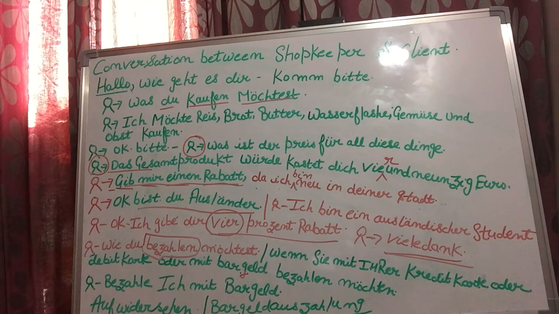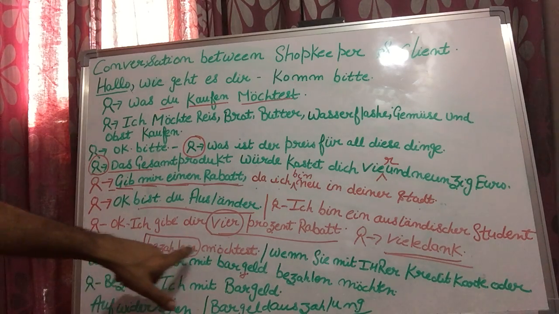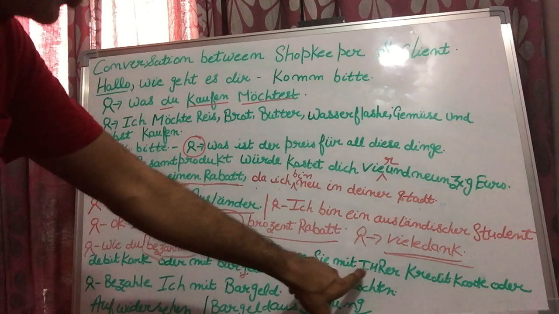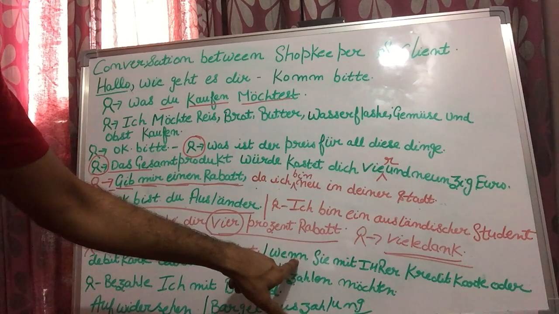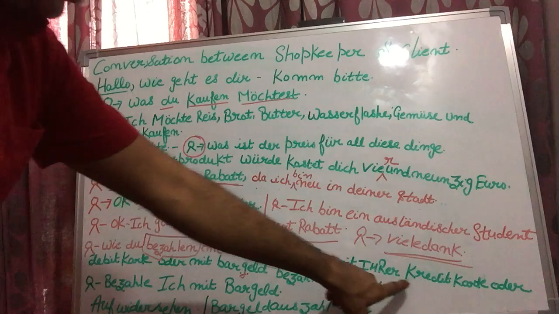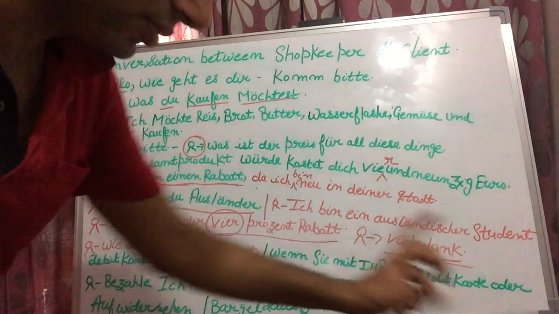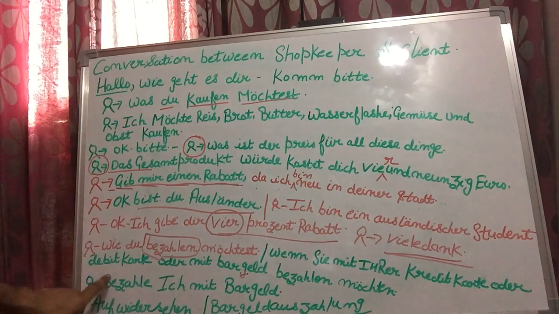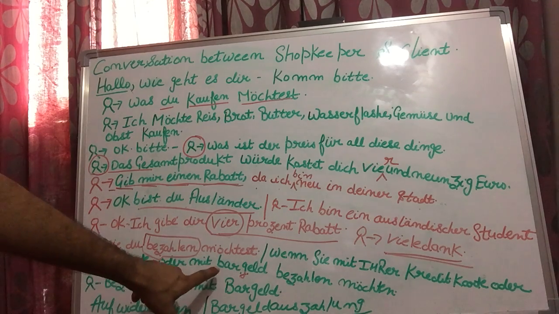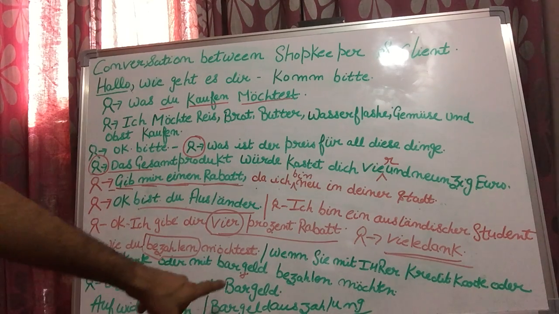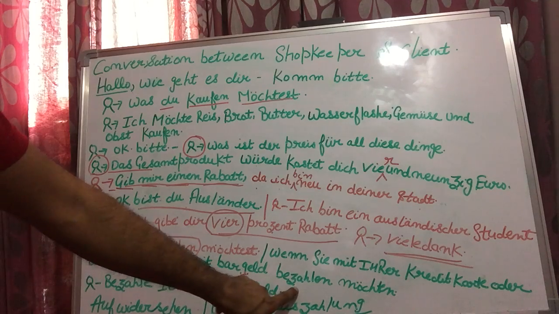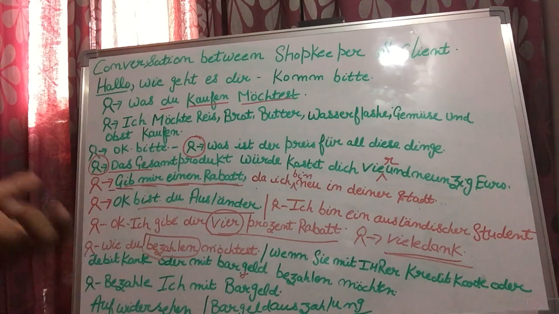So now the shopkeeper is asking the customer, wie du bezahlen möchtest, wenn Sie mit Ihrer Kreditkarte oder Debitkarte oder mit Bargeld. If you want to pay with your credit card or debit card or with cash. Bezahlen is to pay, möchten is to want. Is that clear to you?